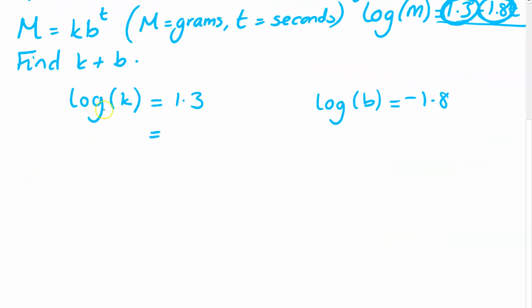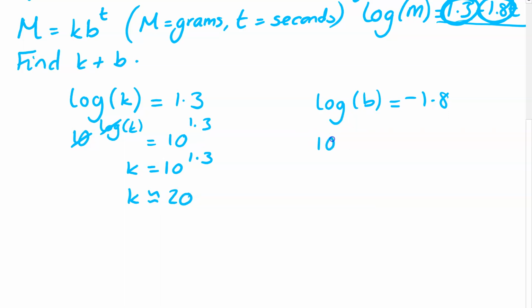So what undoes a log? Well, it's to raise it, so 10 to the power of log k, because we're in log base 10, and 10 to the power of 1.3. So the log and the 10 cancel, giving me k. It's 10 to the power of 1.3, which is approximately 20.